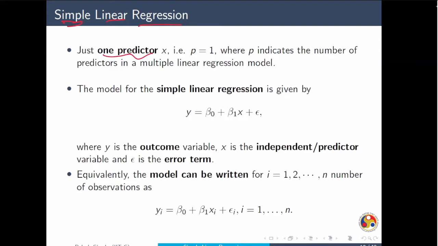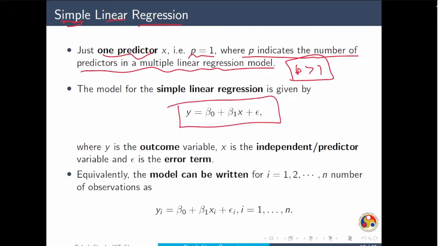P is the number of predictors in the multiple linear regression model that we'll talk about tomorrow, where we'll have P greater than or equal to 1. But here we have simple linear regression, y is equal to beta naught plus beta 1 x plus epsilon. This is very interesting. This epsilon is called the error term.